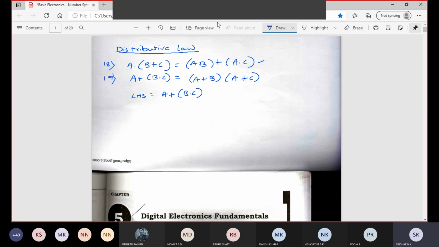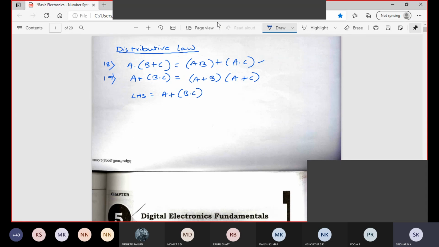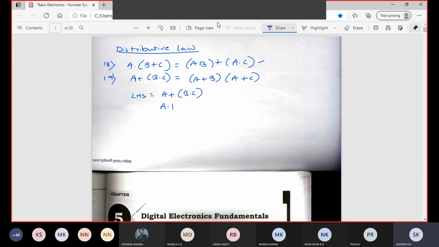Now you see, can I write this A as A dot 1, because A dot 1 is nothing but A? Yes, sir. Right. Plus BC as it is. Now I want to bring one of these two parameters to an association.